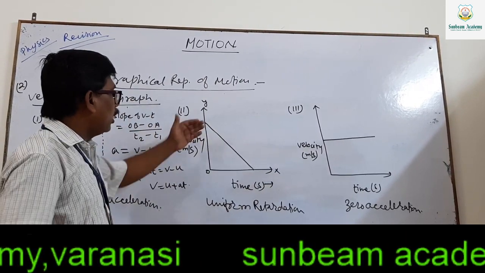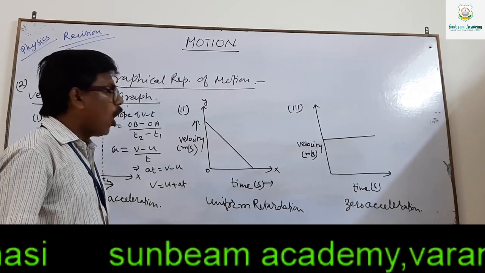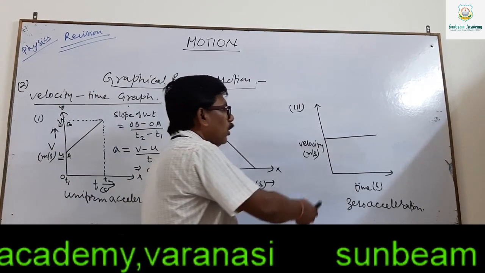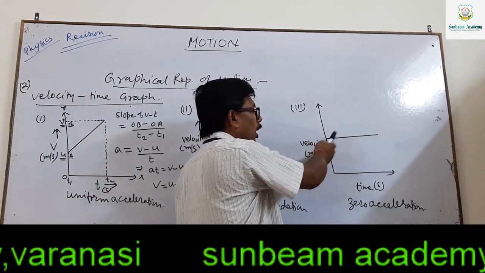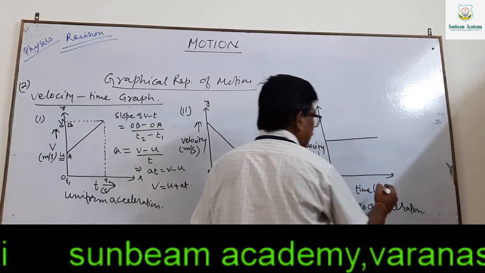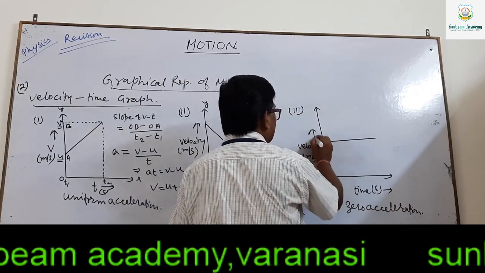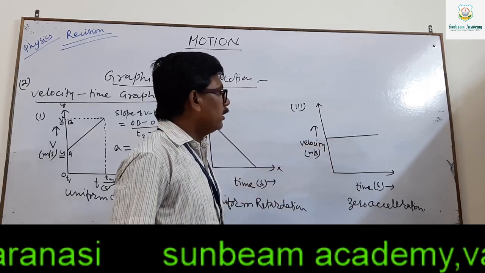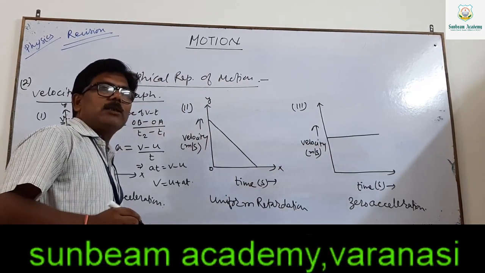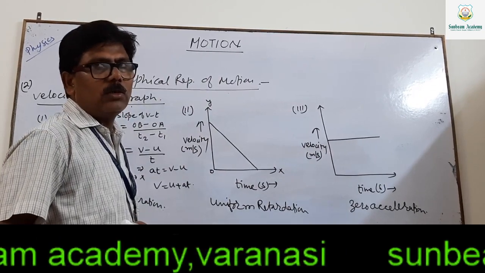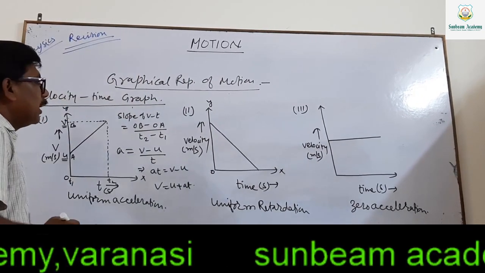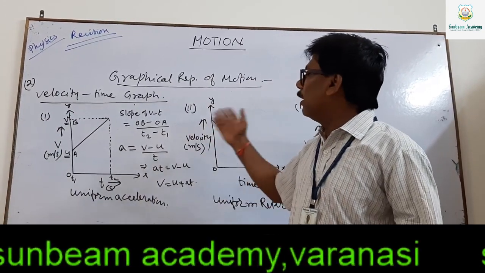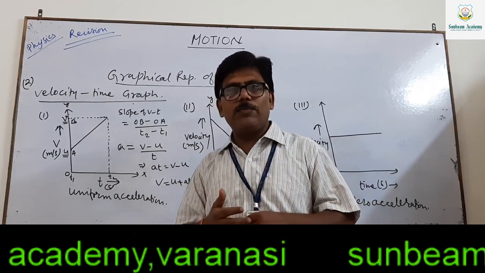So this is also called uniform retardation or negative acceleration. Here the velocity is not changing as time passes. The velocity of the body remains the same, so the body has zero acceleration, meaning no acceleration. So these are the three conditions by which you can represent the velocity time graph.